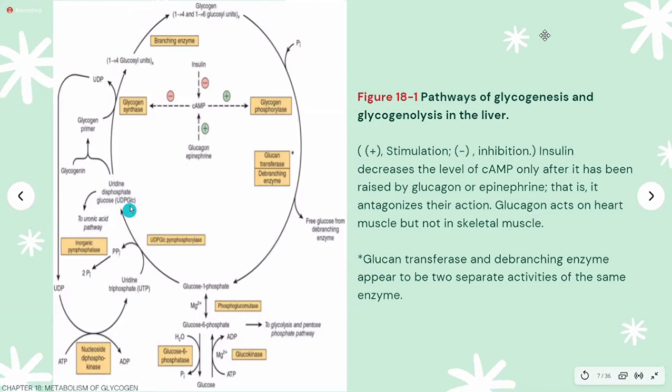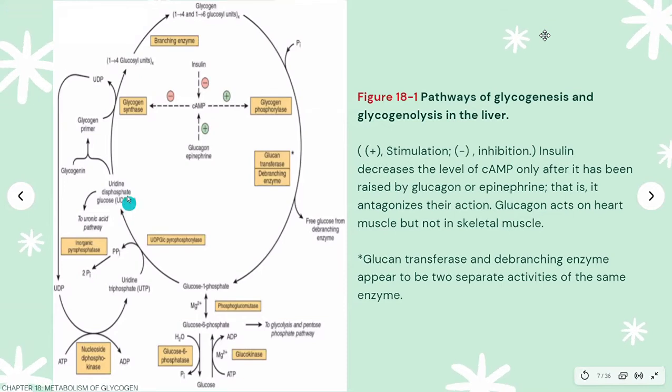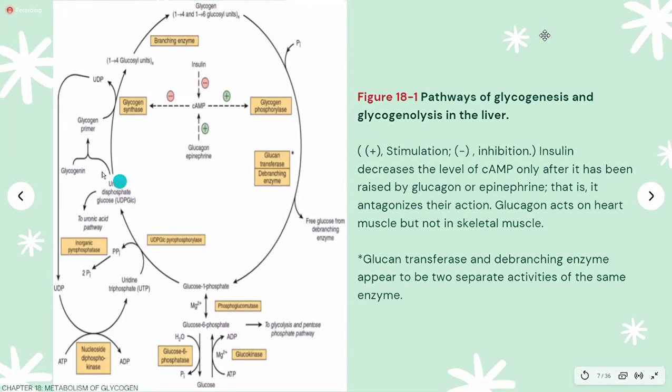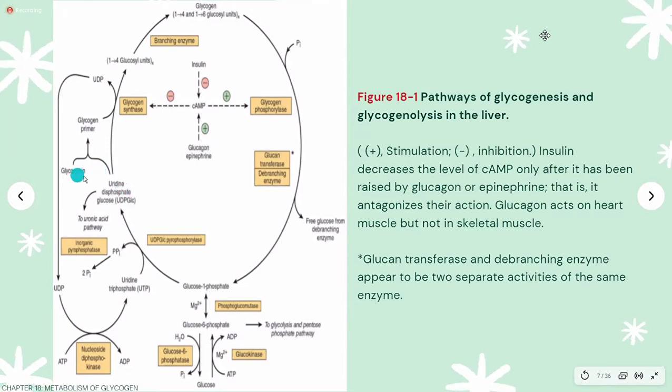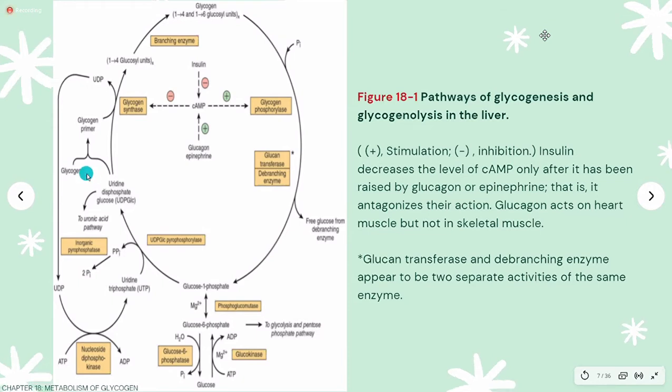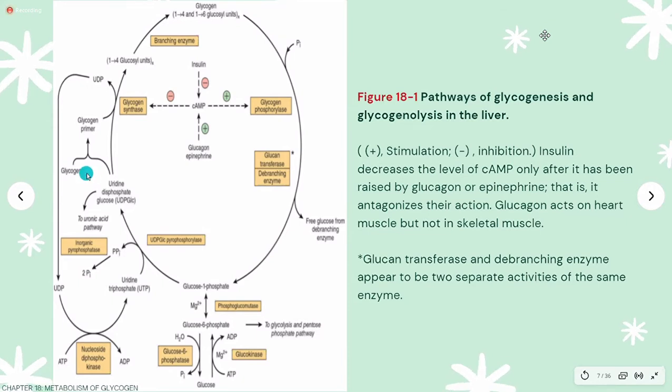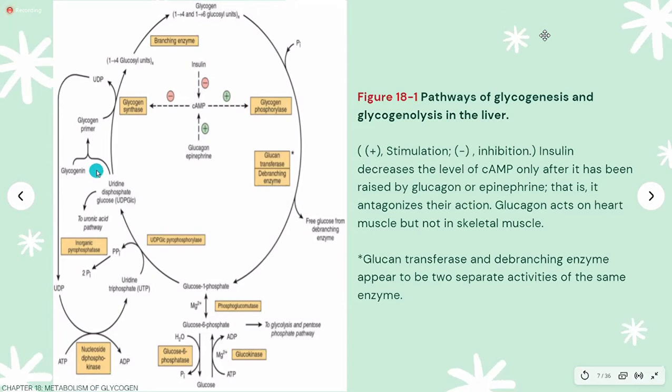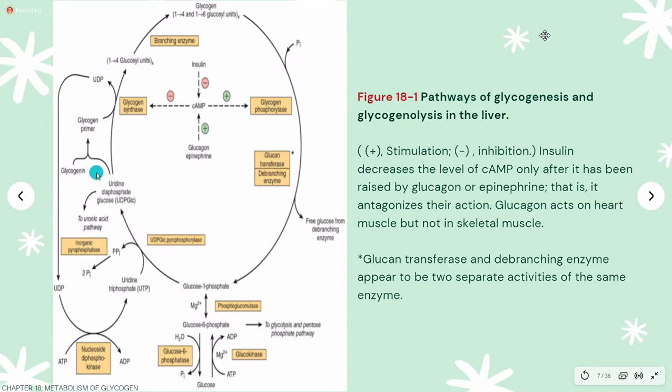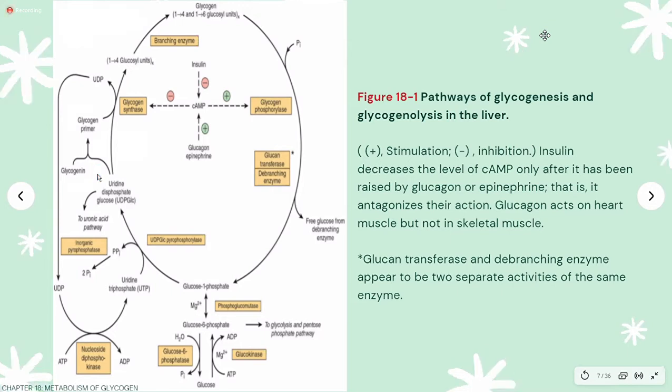Now, UDP glucose interacts with glycogenin. Glycogenin is a protein in which the glucose units are attached to it to become a glycogen tree.